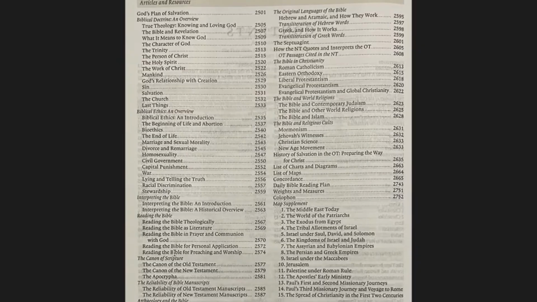When we get into the canon of Scripture, canon of the Old Testament, we'll do that. We won't do the New Testament and the Apocrypha at the same time because we're not getting there. The same thing with the reliability of the biblical manuscripts. We'll do the Old Testament manuscripts while we're reading the Old Testament, and the New Testament manuscripts while we're reading the New Testament. Same for the archaeology of the Bible.